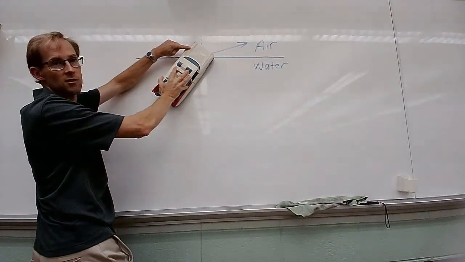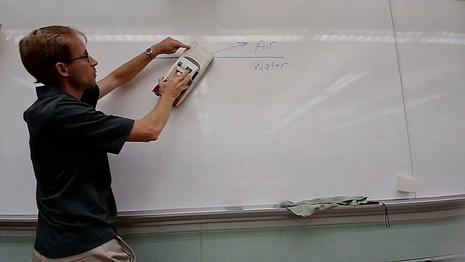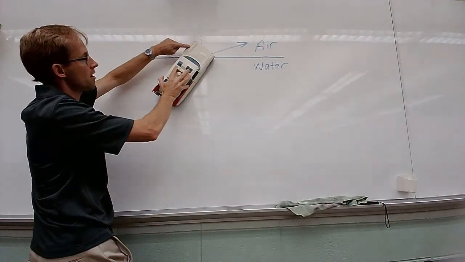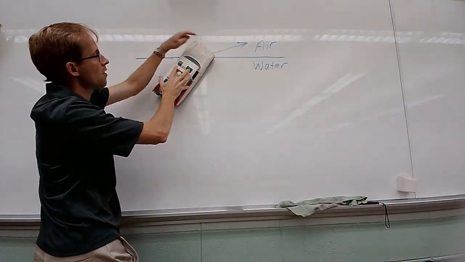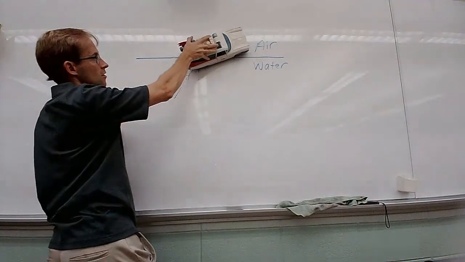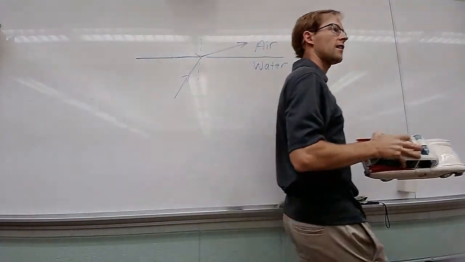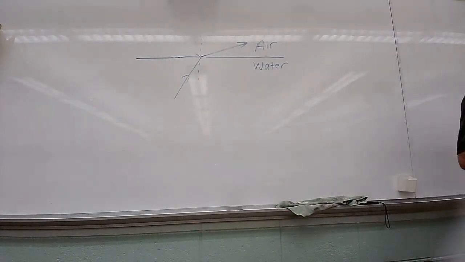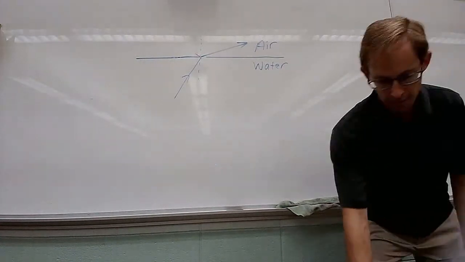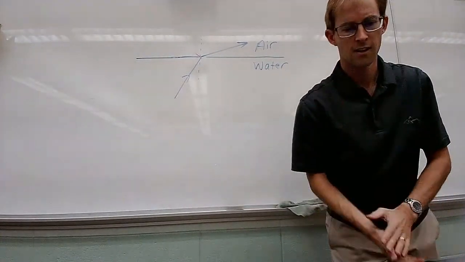Maybe you can think of it just like regular pavement. So because this is moving faster now, and this wheel is moving slower, it's going to cause the car to turn in this direction. And you can use that analogy for any scenario where you're trying to figure out the direction that light is traveling. Questions on that?